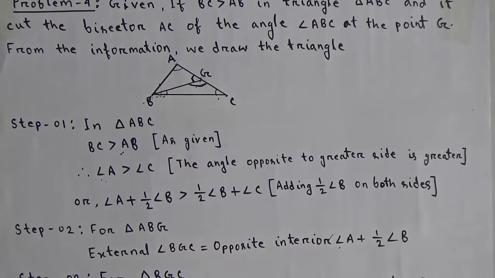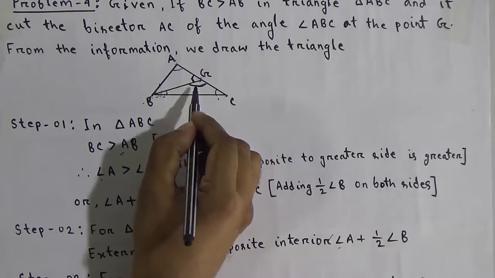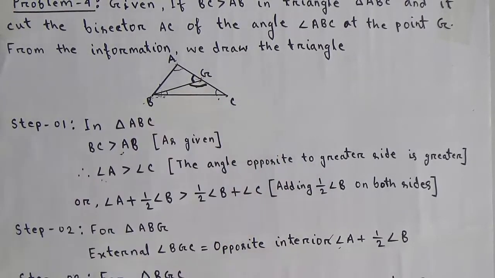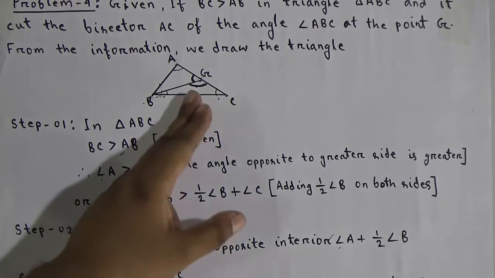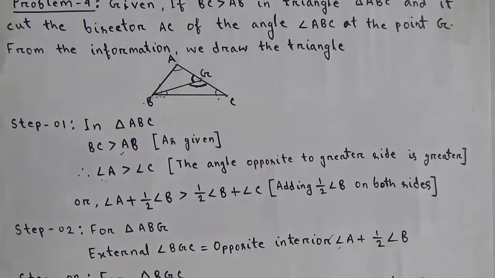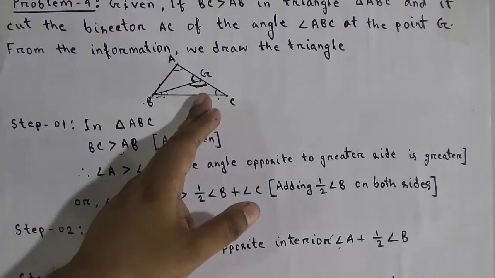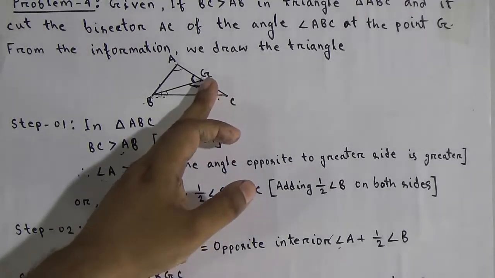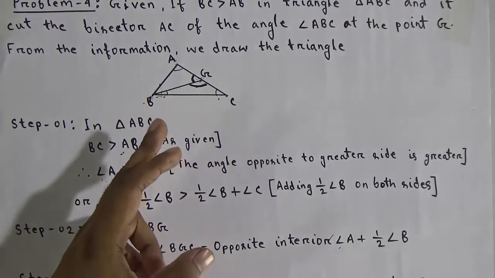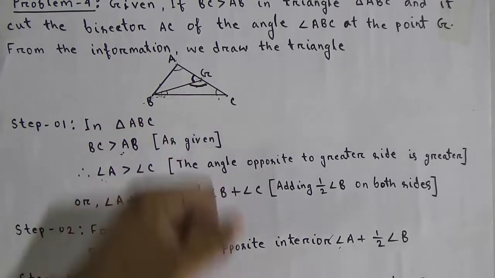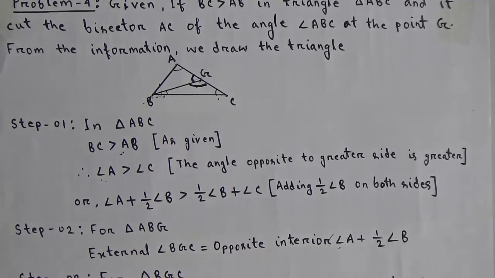Dear students, these two angles BGC and BZA are adjacent angles. And from the figure you are watching, the sum of these two angles is 180 degrees. But the measurements of these two angles are not equal. If they were equal, then BZA would equal 90 degrees and BGC would also equal 90 degrees.